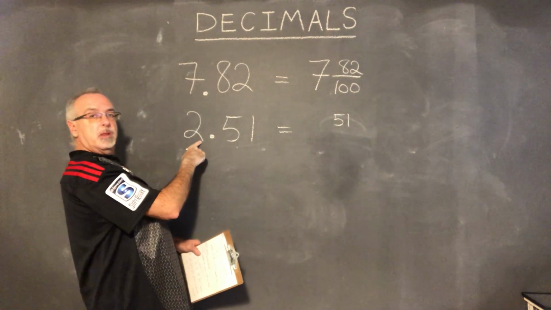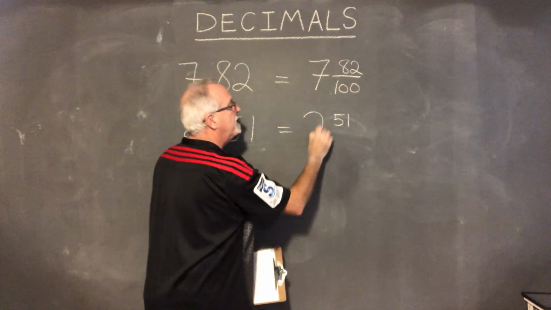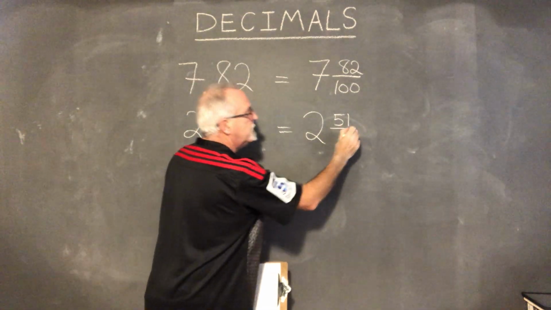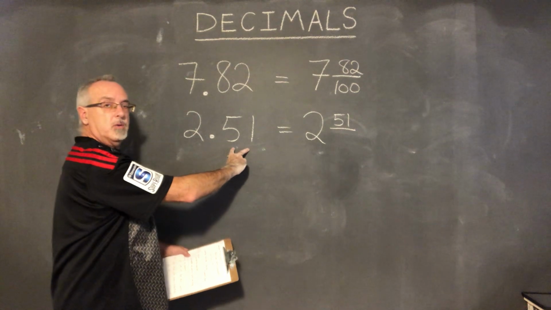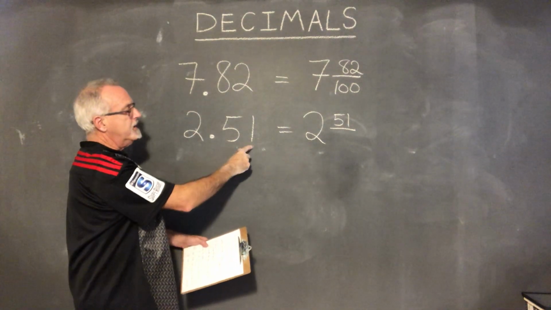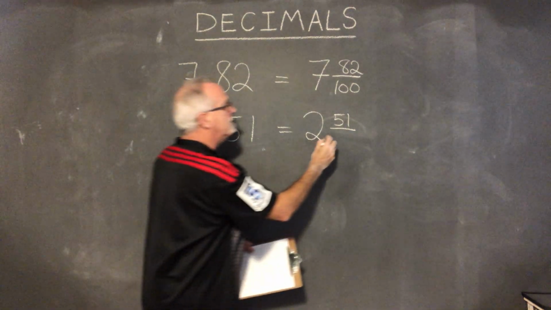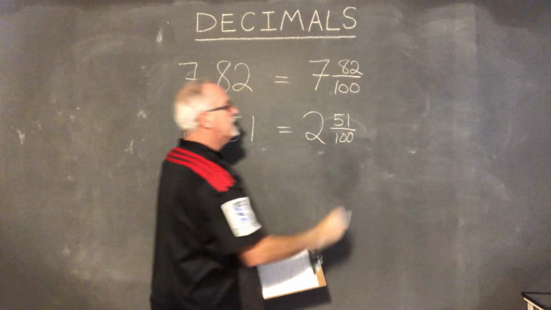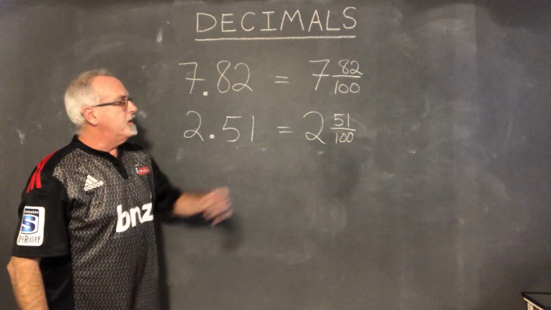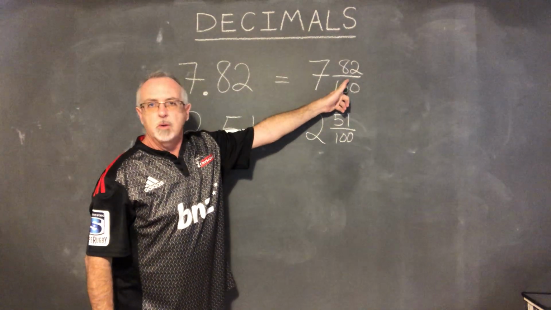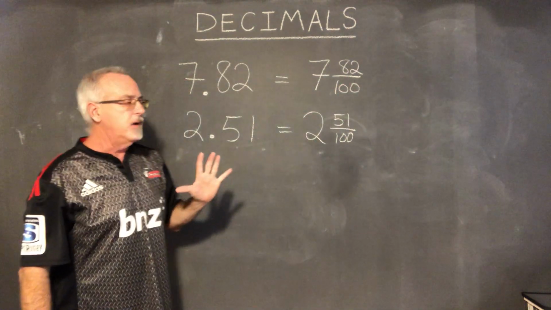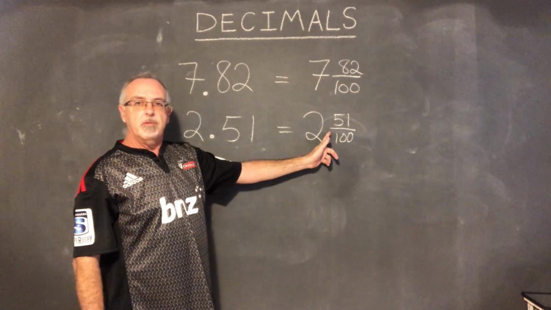And then I think I'll put the 2 as the big number in my mixed number, but I need to show that fraction bar, and I have to put a denominator in. And of course, it's going to be 100 because I have a decimal that has 2 digits to the right of the decimal point. So that means I am going to the hundredths in my place value. 100 is my denominator. This fraction could not be reduced.